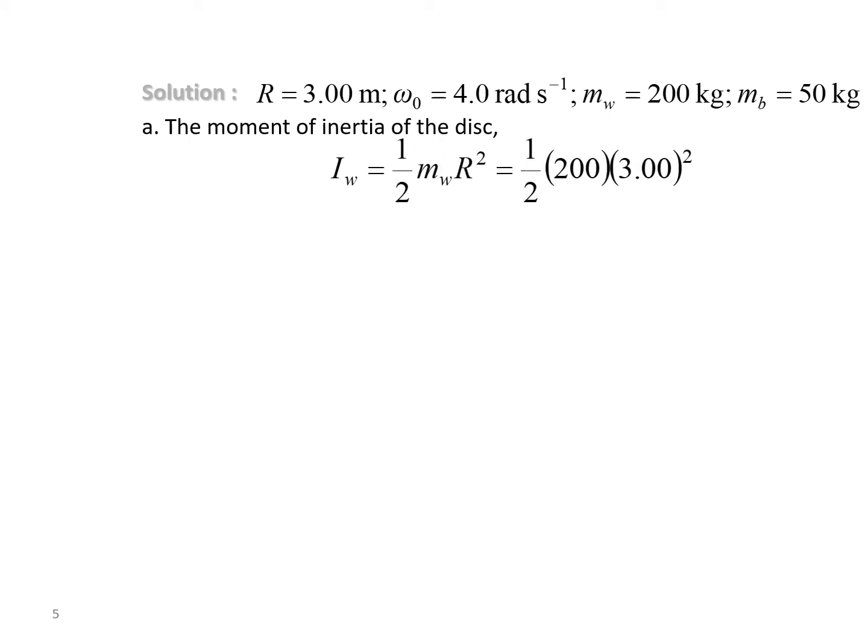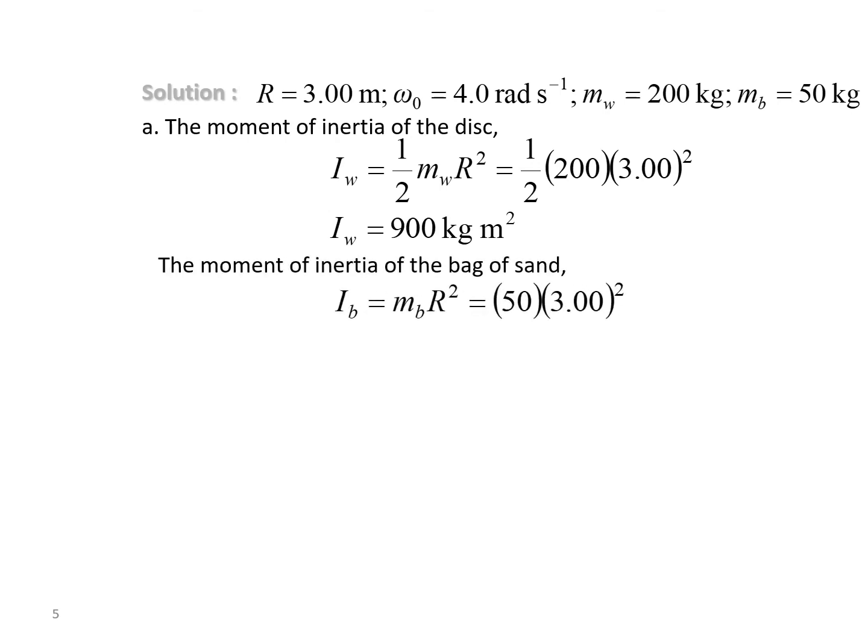Using the equation already given in the question, we find the moment of inertia of the disc. With subscript w, meaning wooden disc, we end up with 900. For the sandbag, with subscript b, the mass and the radius are given, so we end up with 450.